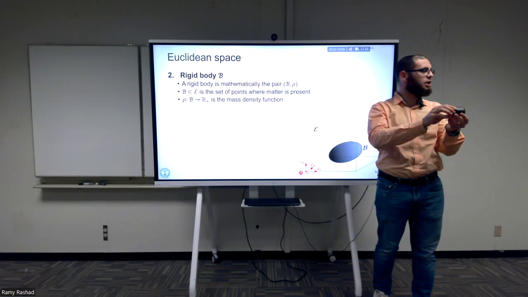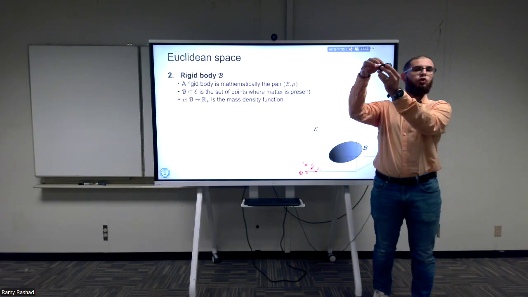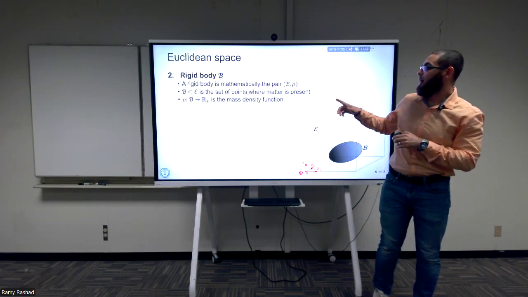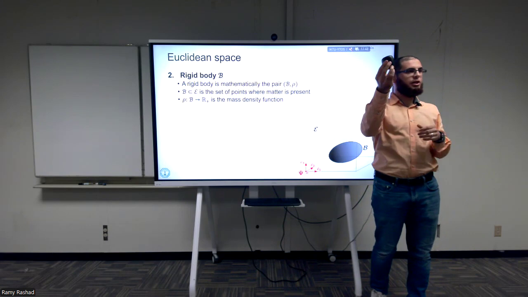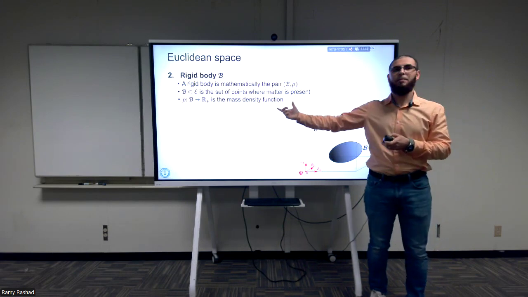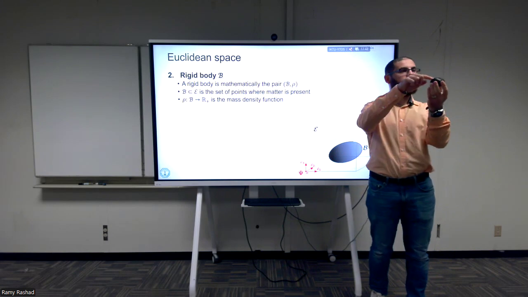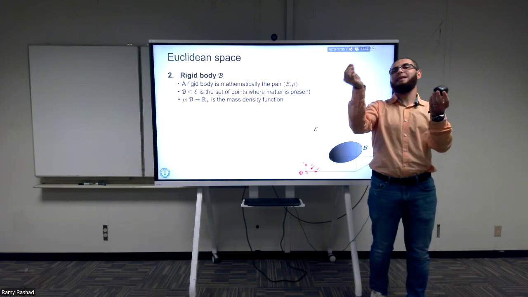And because they are rigid, the distance between any 2 points here does not change, right? So this is where you use the distance metric. And you also have, for any rigid body abstractly, the notion of a mass density function. If I give you any point here, you can tell me what its density is.